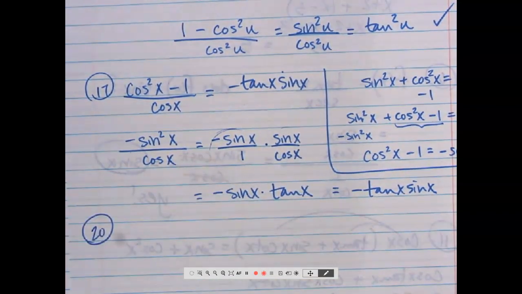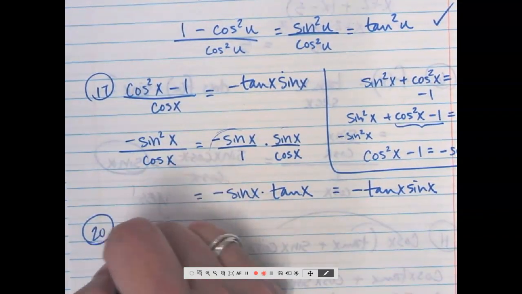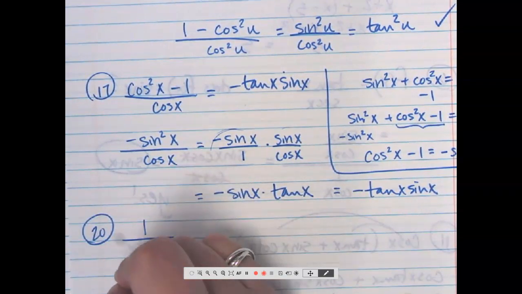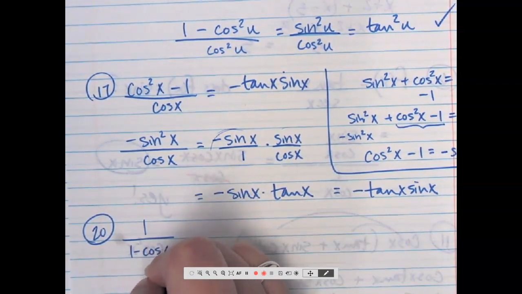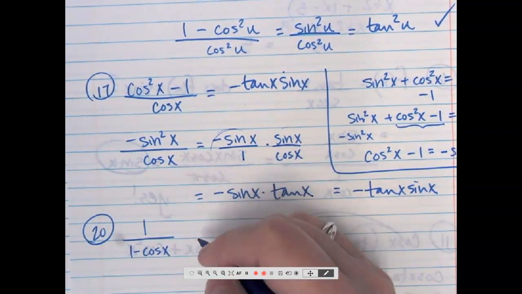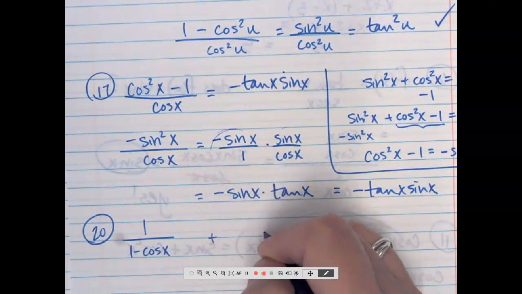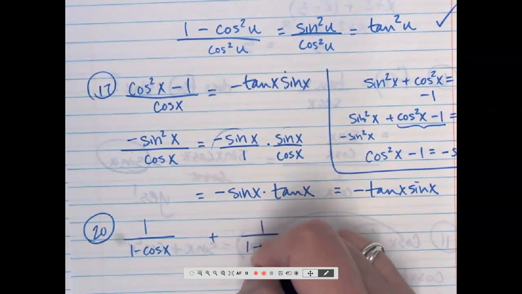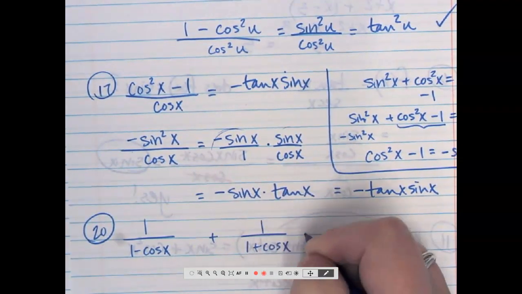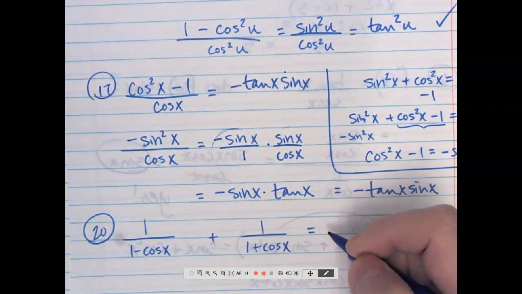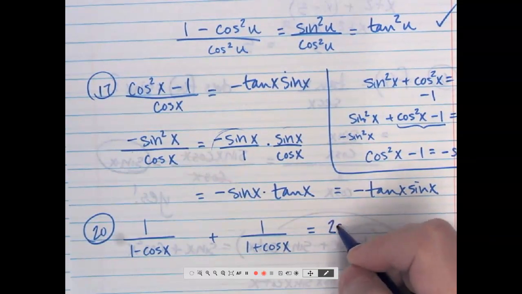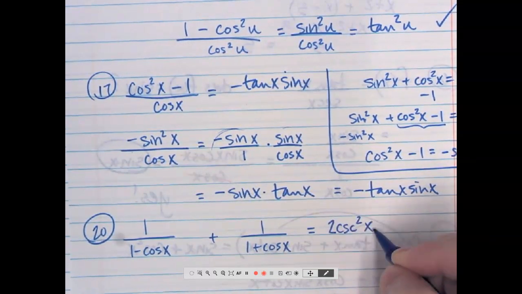Okay, number 20. 1 over 1 minus cosine x plus 1 over 1 plus cosine x equals 2 cosecant squared. Say what?